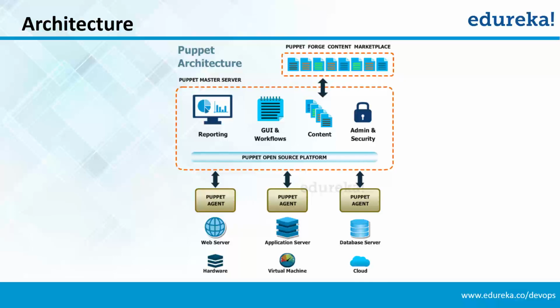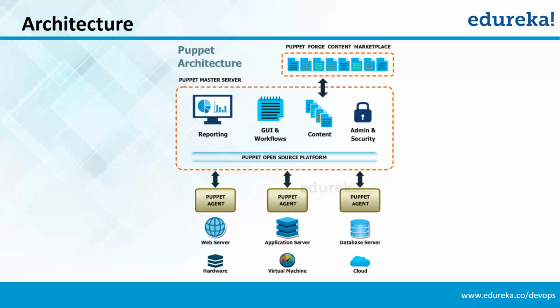For example, I may have machine A, machine B, machine C, so you have agents running on each of them. You don't have an agent running on the master itself. You could have the agent run on the master too if you so want to, but we typically don't do it that way. We keep the master separate, and all the agents separately.